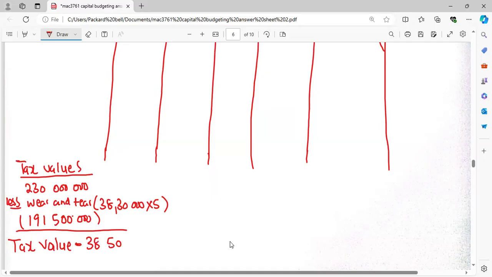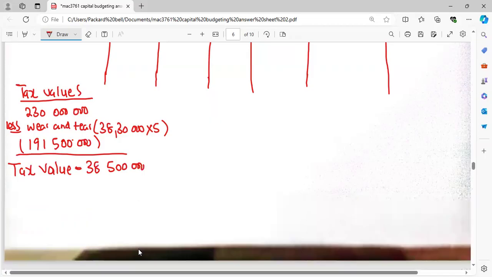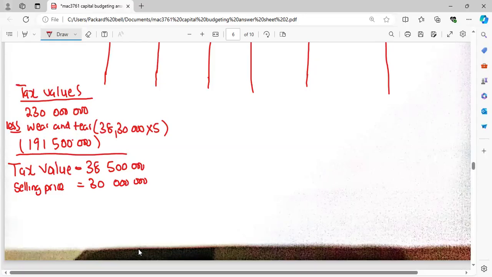Then our residual value or selling price is going to be 30 million, am I right? That's what we are going to get, and this is the tax value. So do we have recoupment or scrapping allowance here?